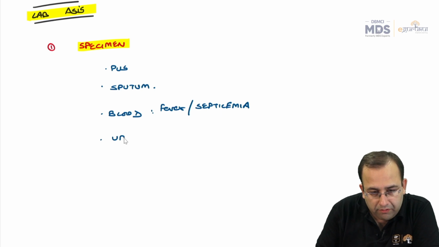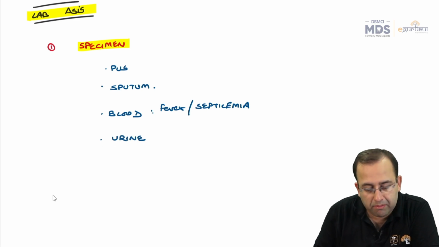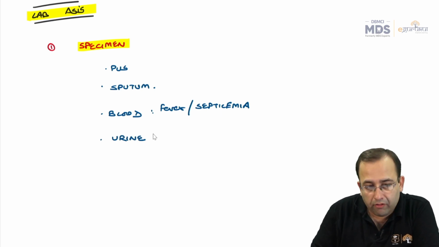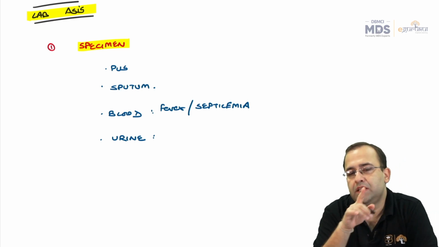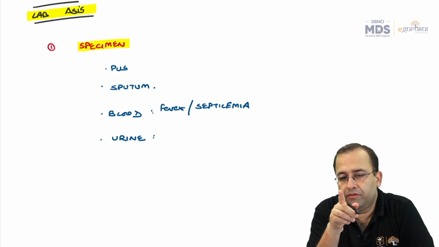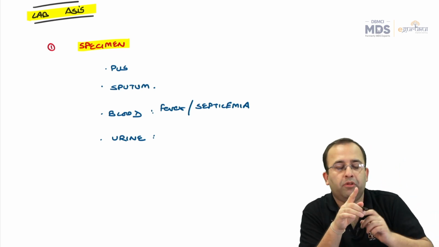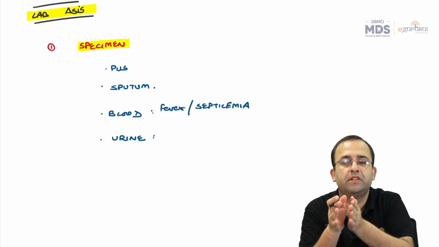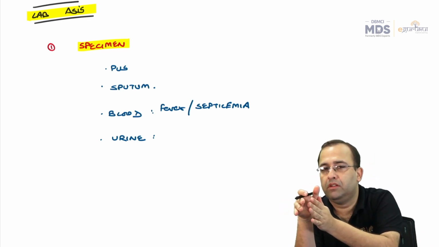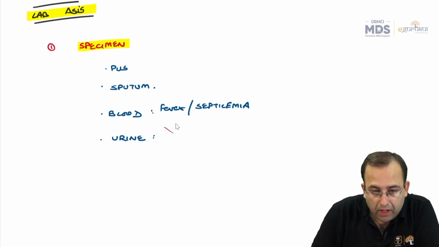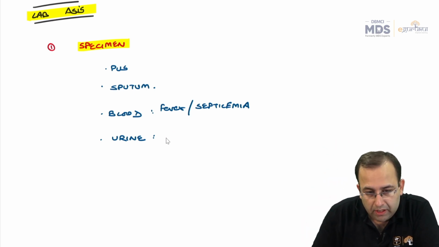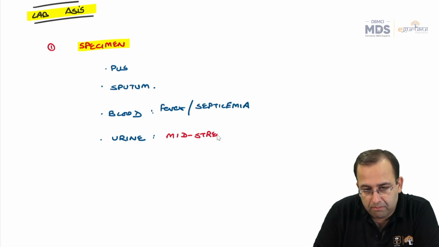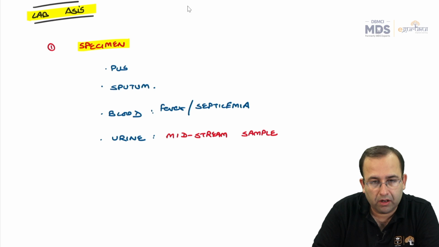Next, in case of urinary tract infections, it can be urine. In urine, which sample do we use? Not just the first voided sample in the morning; we use the midstream sample, rather than the initial or end stream.